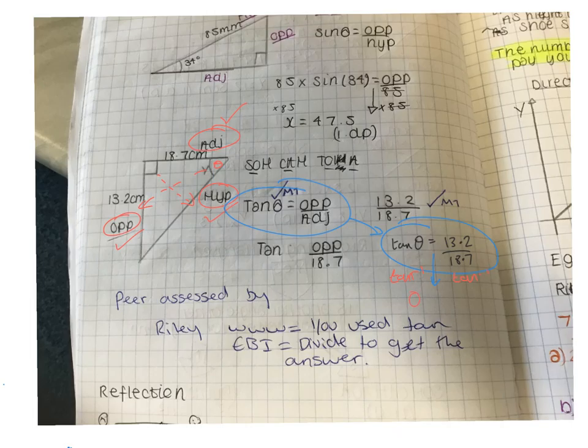So you should get theta is equal to tan to the -1 of 13.2 over 18.7, and that will go into a calculator, which I'll do now. And when I do that, I get the answer to 1 decimal place, theta equals 35.2 degrees. Okay, but I should say 1 decimal place.